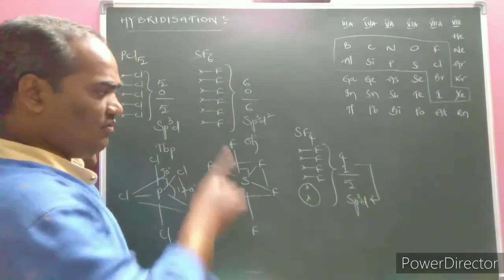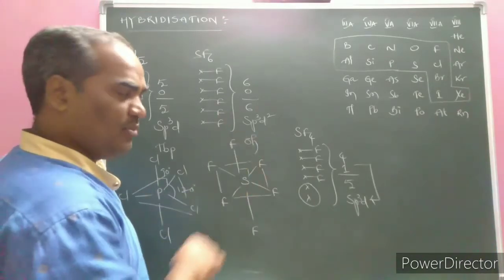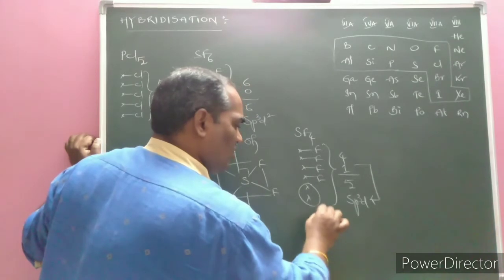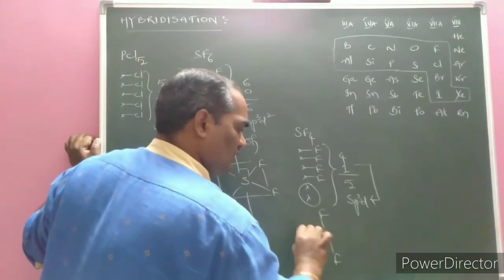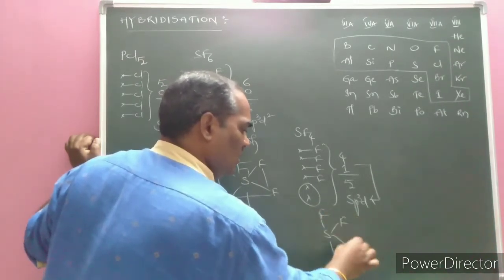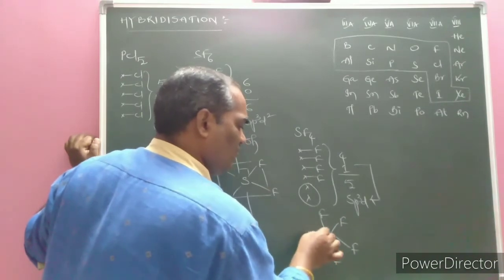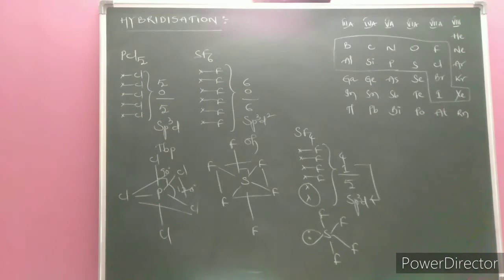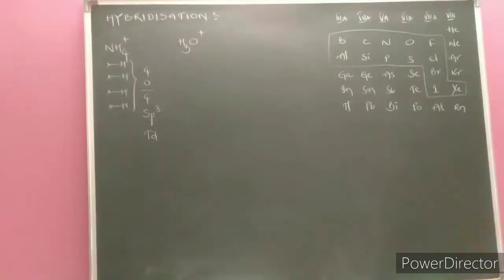Just now we observed 5 0 trigonal bipyramidal, 4 1 seesaw structure. Here 1 lone pair of electrons is present under the sp3d category, where there are 4 bond pairs and 1 lone pair.